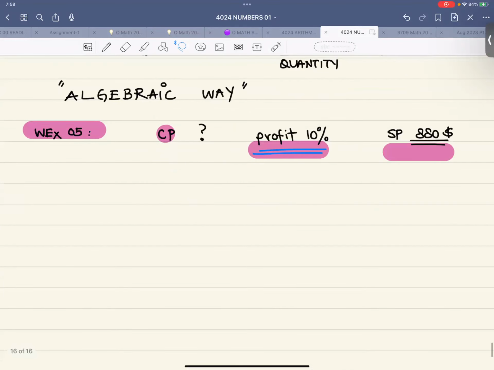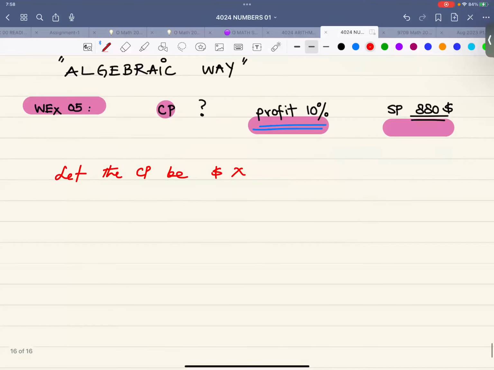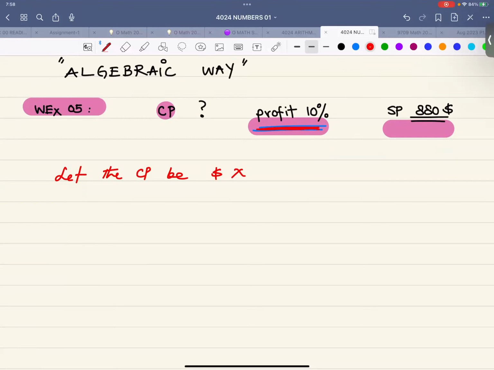Okay. Now in algebra, it's about using x, an unknown value. Let the cost price be x dollars. There is a profit of 10%. So 10% of x becomes 10 over 100 into x.